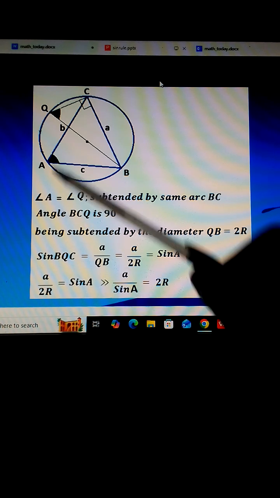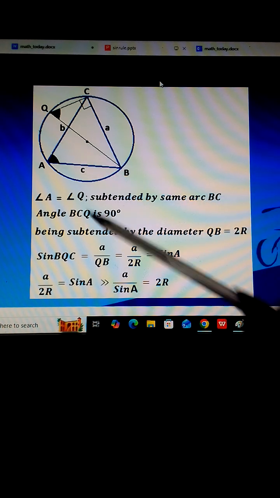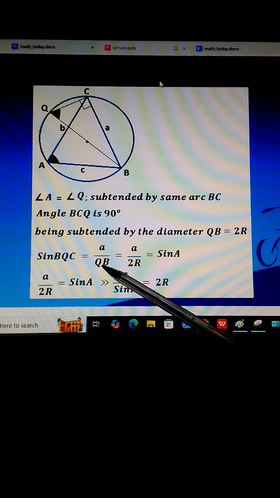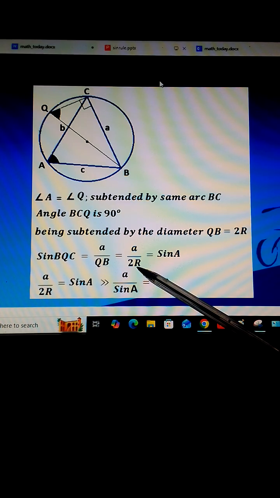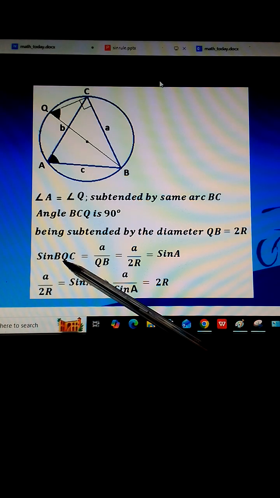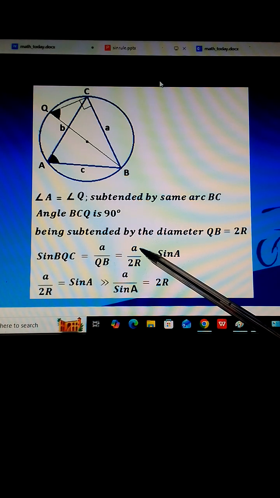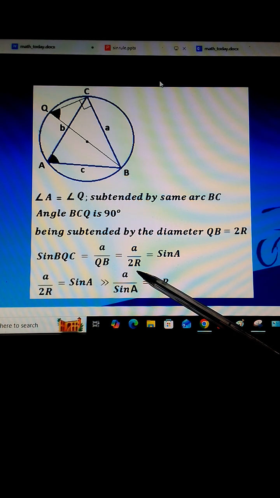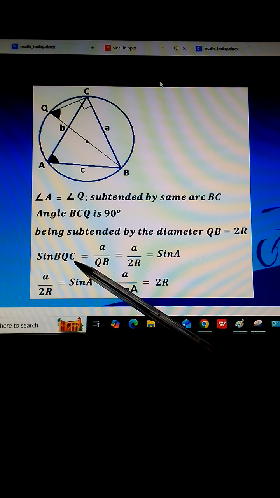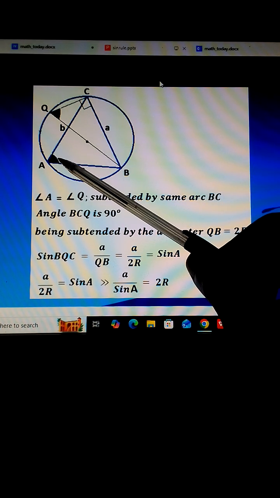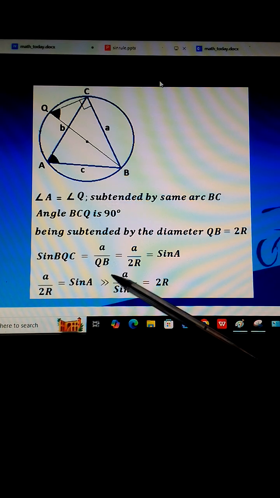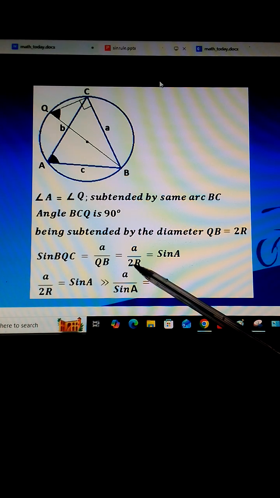But QB is the diameter, 2r. So the sine of angle BQC is equal to a over 2r. But this angle BQC is equal to angle A. So it follows that a over 2r is equal to sine A. Alright?